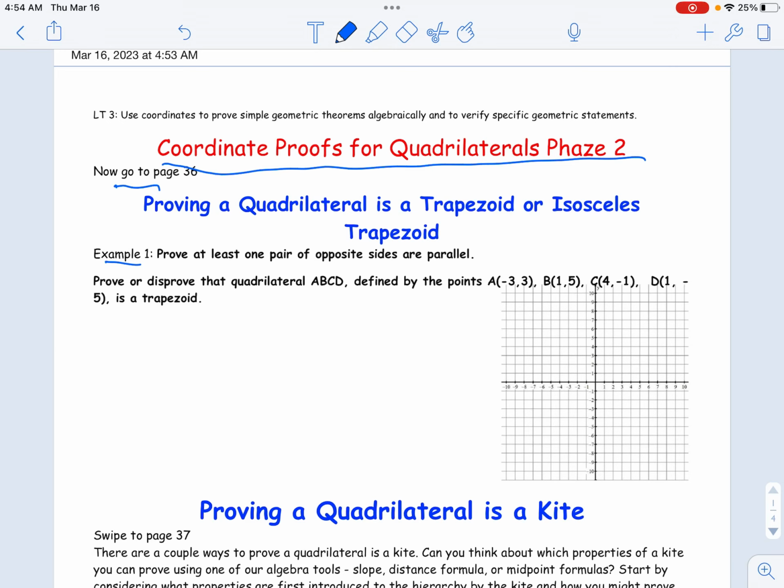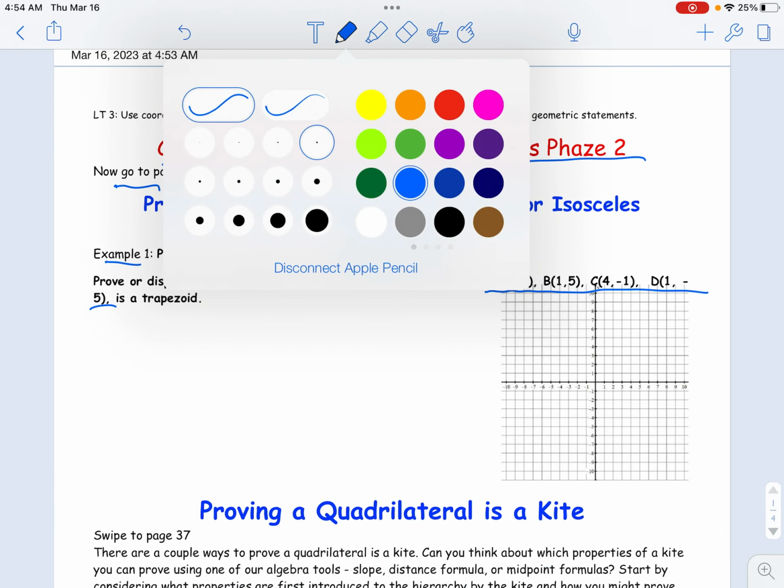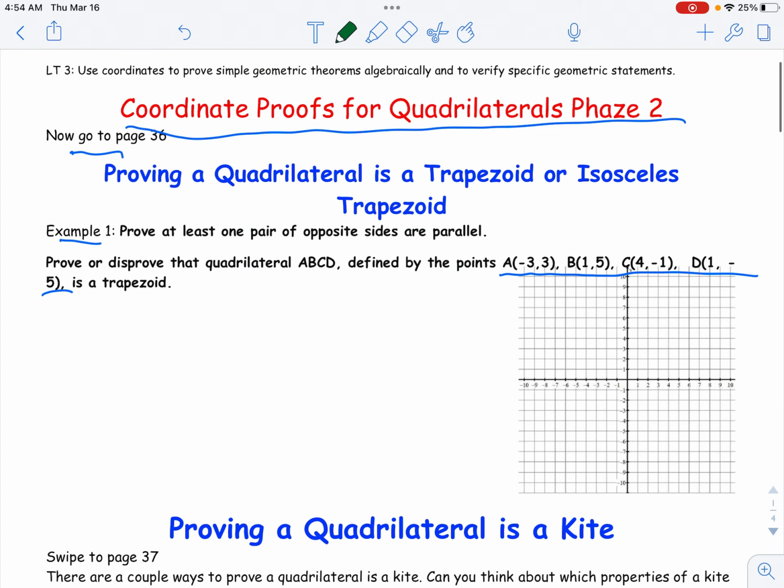Alright, so we're going to prove or disprove that quadrilateral ABCD defined by these points here is a trapezoid. So I'm going to go ahead and graph this trapezoid. Alright, so negative 3, 3, 1, 5, 4, negative 1, and then 1, negative 5.